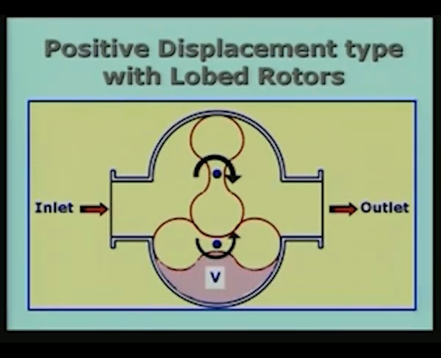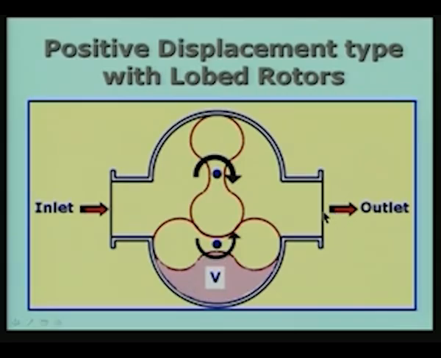For example, if you take a positive displacement type with lobed rotors, each rotation of this lobe, okay, a certain volume of the material is taken from the inlet and it is going to be sent to the outlet. So, this is rotating like this and this is rotating like this. Each time this rotates, a certain volume of the material is taken from the inlet side and it is dumped to the outlet side.